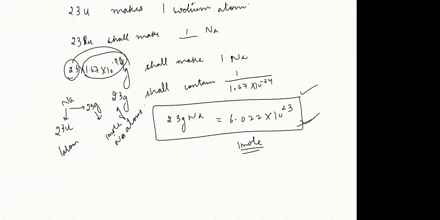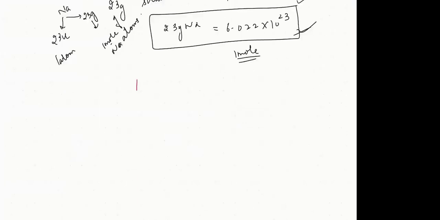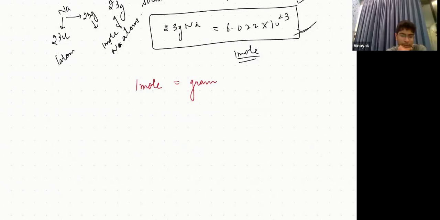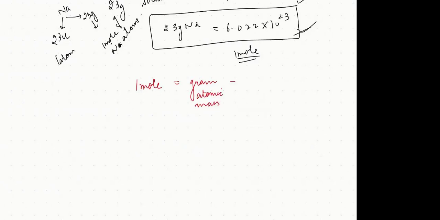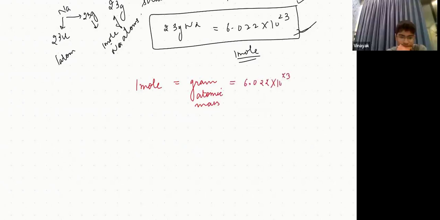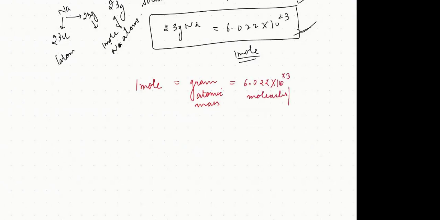So now let's suppose, 1 mole of any substance would be equal to its gram atomic mass, and that would be equal to 6.022 into 10 raised to the power 23 molecules or atoms. Are you understanding?